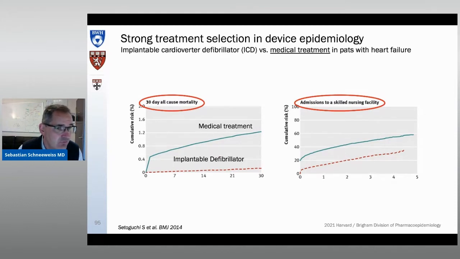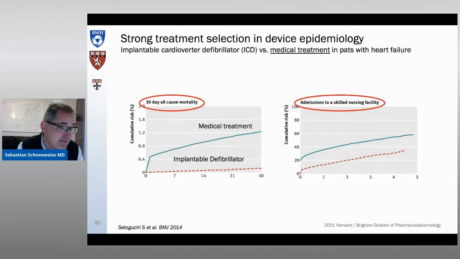When you see figures like that, the alarm bells need to go off that this is most likely just confounding acting, because those patients who don't have a very good life expectancy will not be offered the ICD, right? There's a surgical risk involved and implantation risk and all that. Therefore, people who are close to death's door will not get the opportunity to get the device. And that's exactly what we see here.